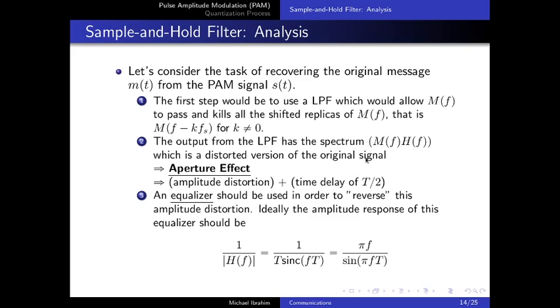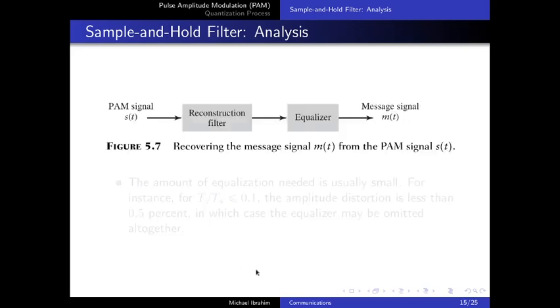Of course, the design of an equalizer is a challenging task, and obtaining a device with this kind of frequency response is not easy, and we're going to talk about it later on, maybe in different courses.